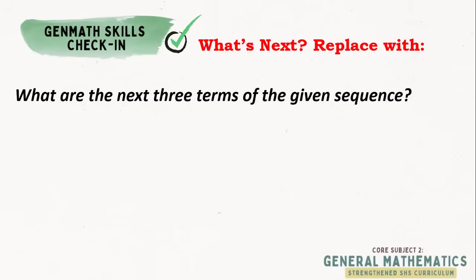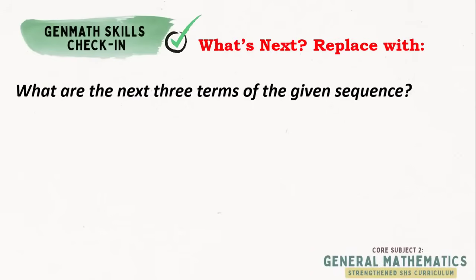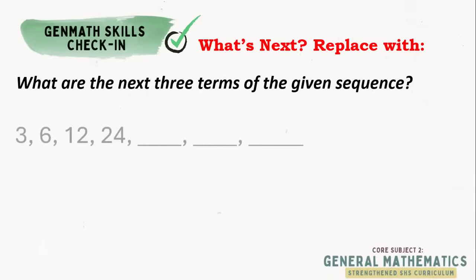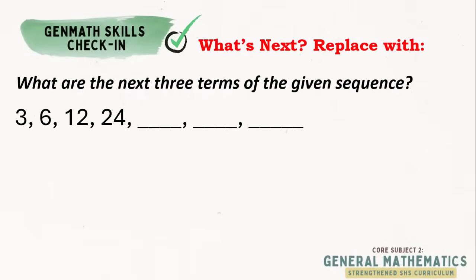Let's have the first one: 3, 6, 12, and then 24. What do you think are the next numbers? Very good. We have 48, 96, and then 192. Can you discover the rule that is being followed?